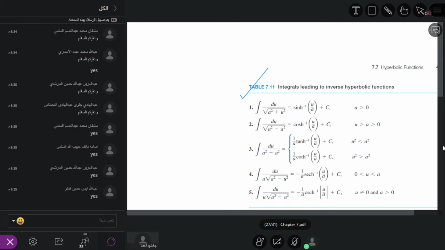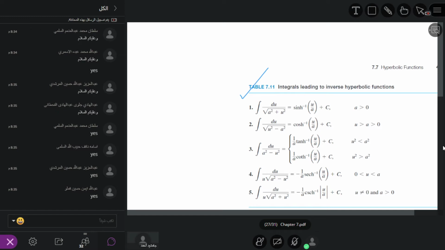This is our topic 7.7. In this topic, I again repeat, we have discussed hyperbolic functions and then their properties.